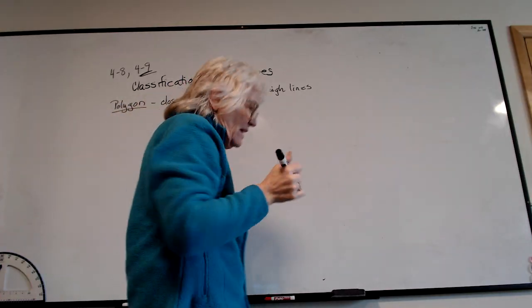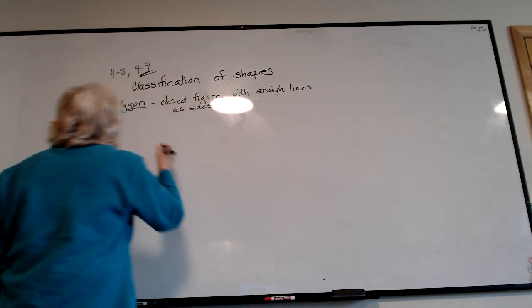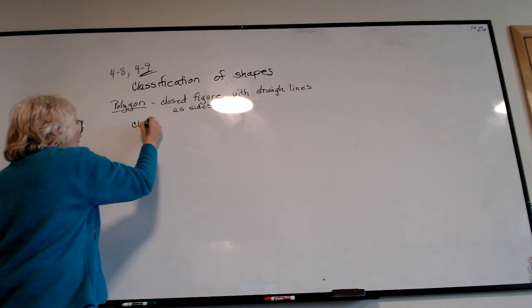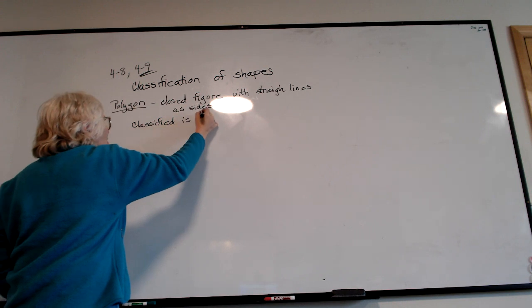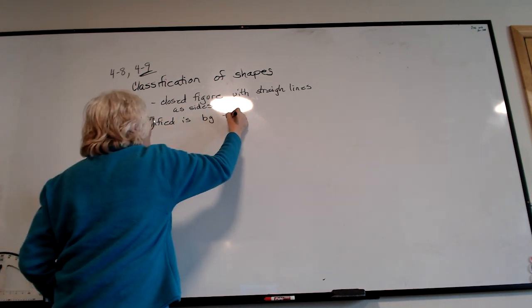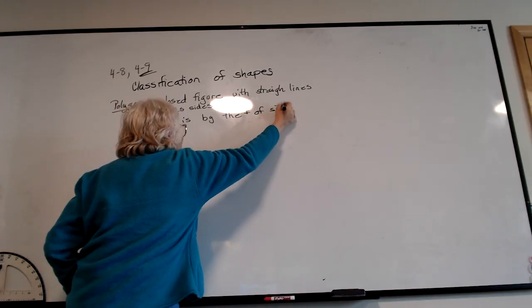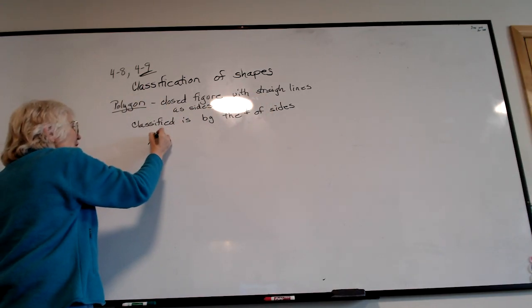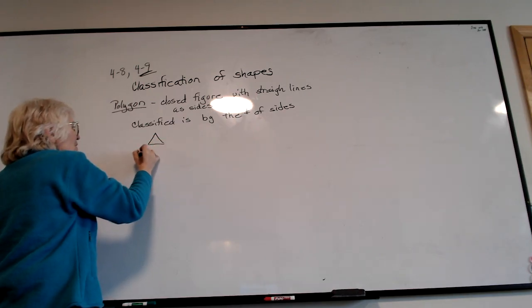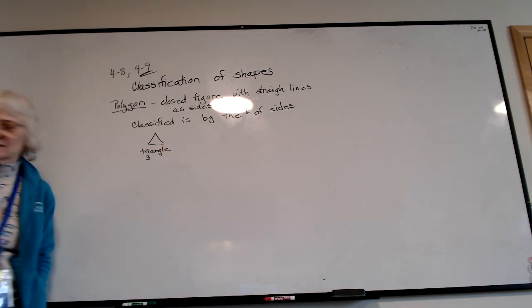So, an example of a polygon, and how they're classified is by the number of sides. So the smallest one is a triangle. Tri actually means three angles.